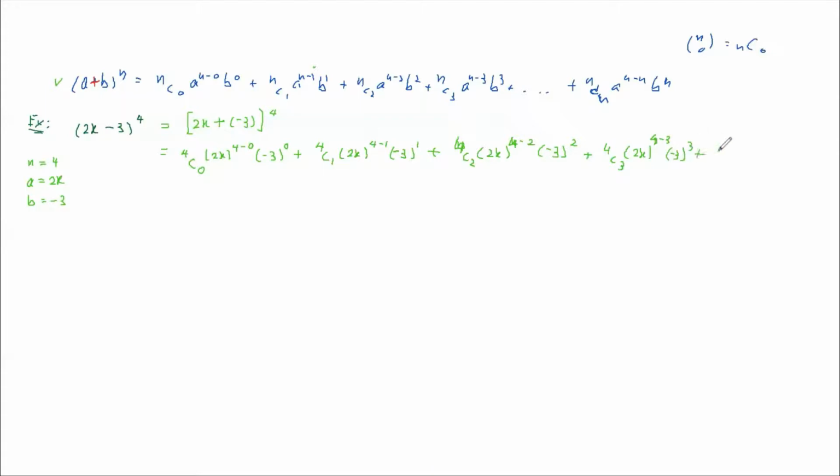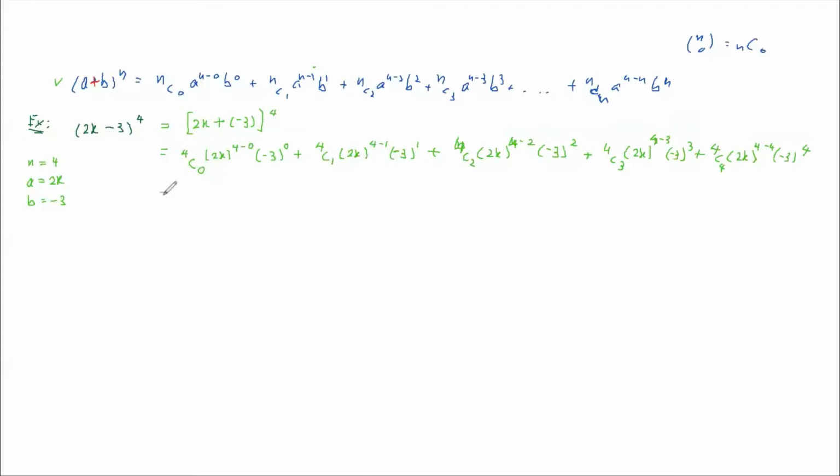Plus 4C4, 2x, power 4 minus 4, negative 3, power 4. Then we stop because 4C4 is the last term. So again, power 4 must have how many terms? 5 terms. Count it from the plus side: 1, 2, 3, 4, 5 terms.